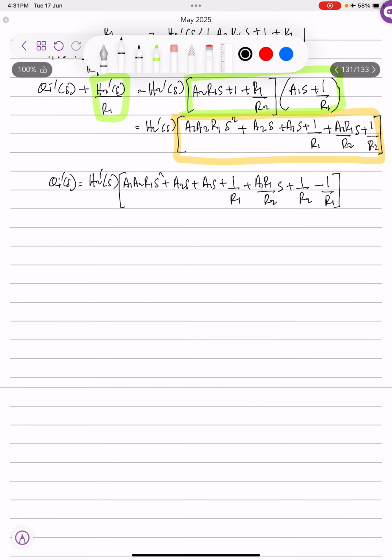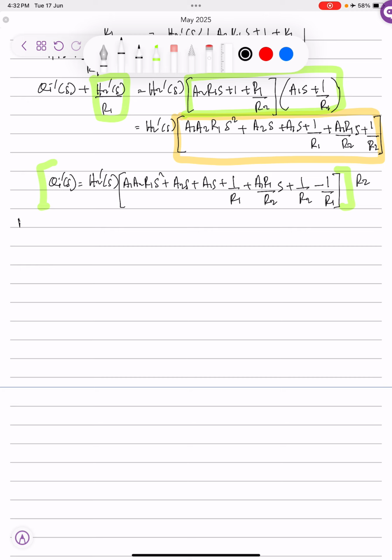And what next? I want to multiply the equation, left and right hand sides, by R2.